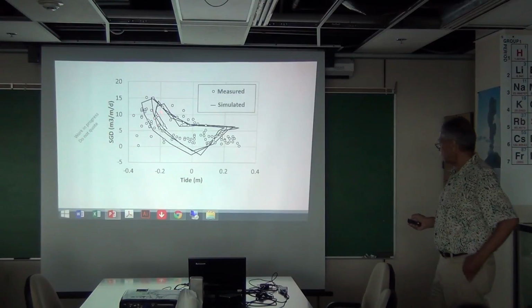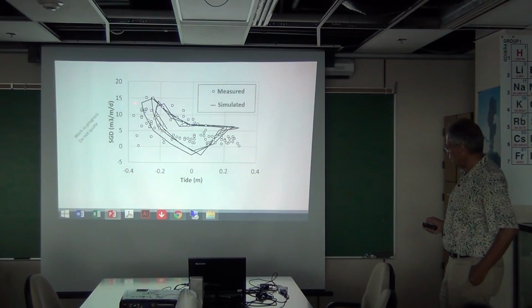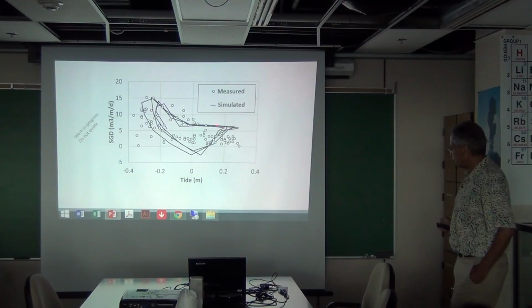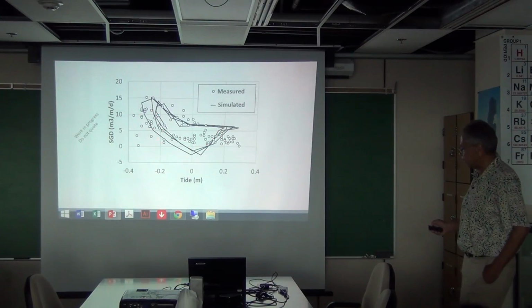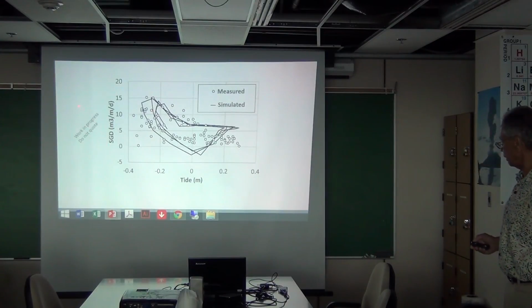So the circles are the data, and the solid line is the model. So basically, as you have tides, this is like rising tide, and this is declining tide. So they don't follow the same path up and down. So it seems like they follow different paths as you go to high tides.